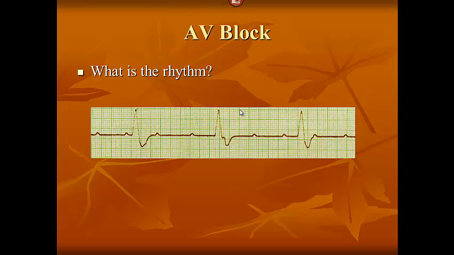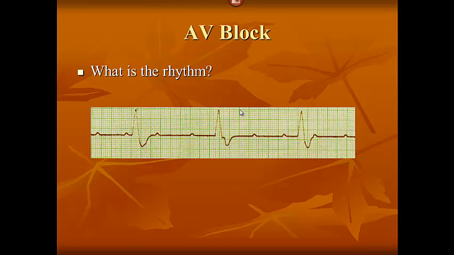For example, 3 consecutive P waves may be followed by a QRS complex, giving the EKG a normal appearance, but there is a 4th P wave that may suddenly not be followed by a QRS, since it does not conduct through the AV node to the ventricles. The PR interval may be normal or prolonged.